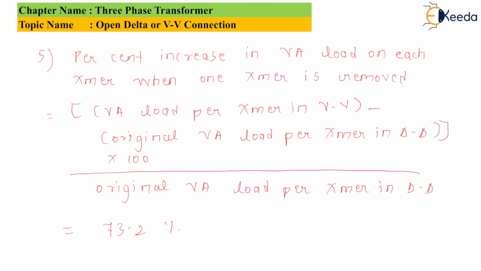And if we solve this, the answer will be 73.2%. In this way, we have studied the open delta or VV connection of the transformer. Thank you.